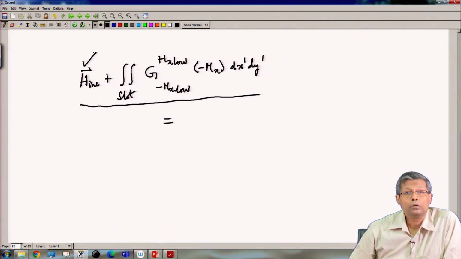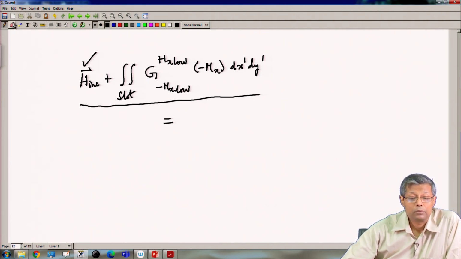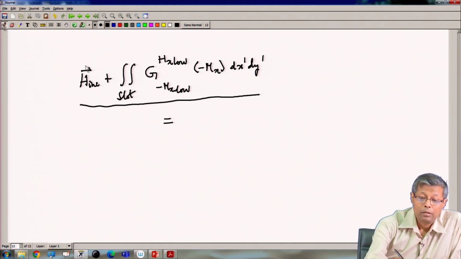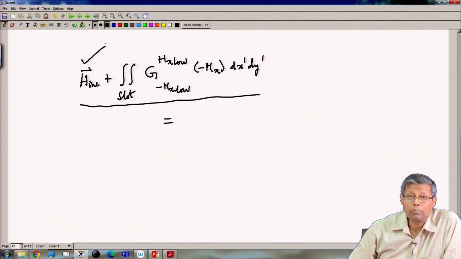This is the magnetic field corresponding to the dominant TE01 mode of the waveguide.